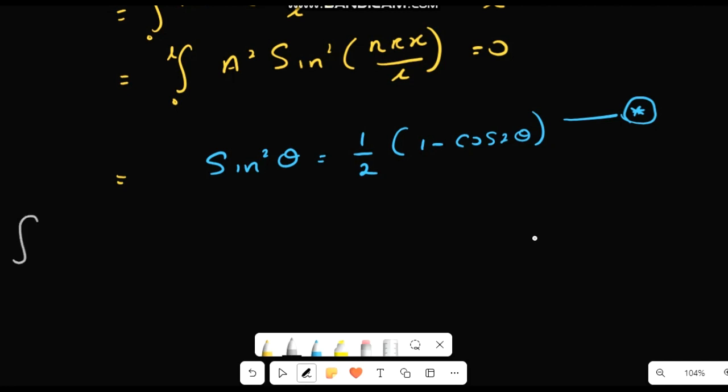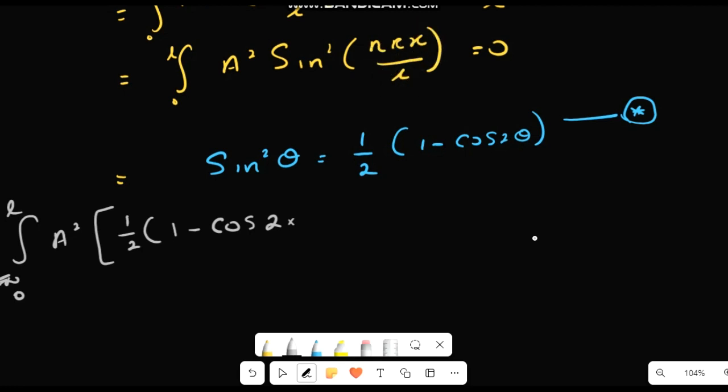So here I have, from 0 to L, A squared times 1/2 times (1 minus cos 2 times our term, which is nπx/L, since we don't have theta).